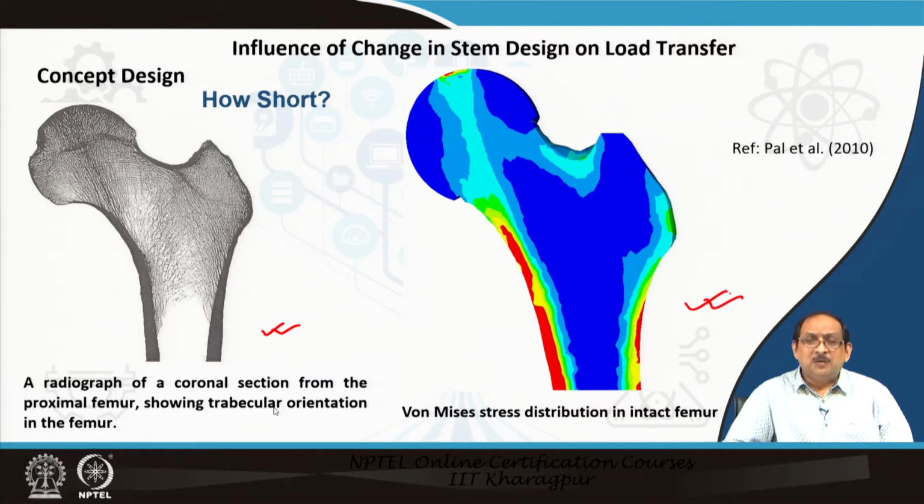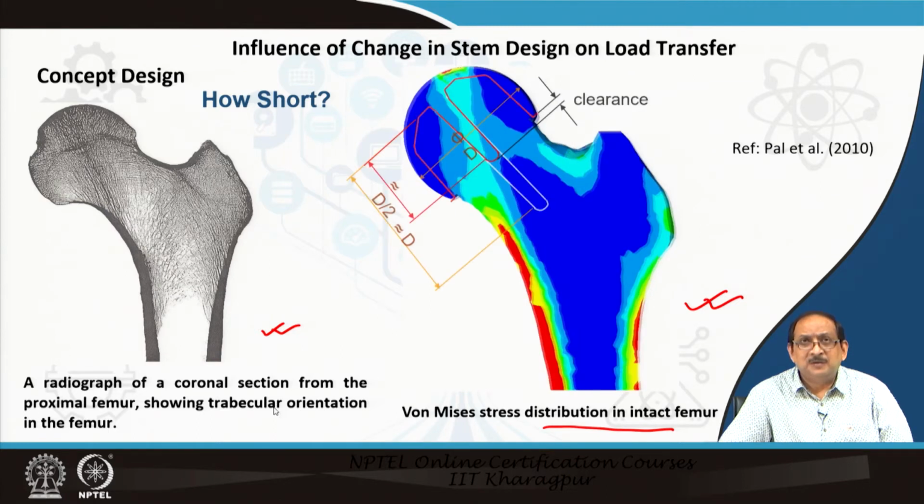The objective was to mimic the physiological stress distribution as indicated in the slide. The von Mises equivalent stress distribution in the femur is plotted in the slide, and the objective of the change in design is to mimic the stress distribution in the intact femur.